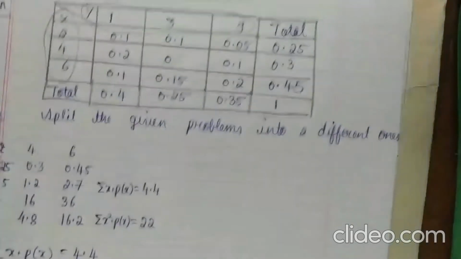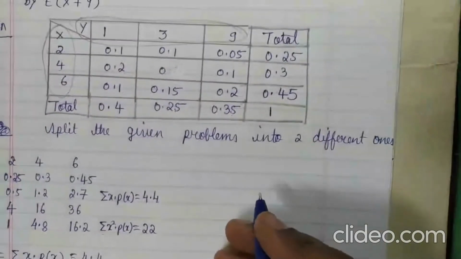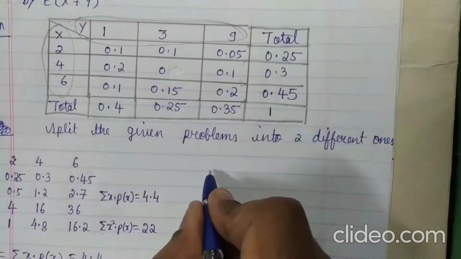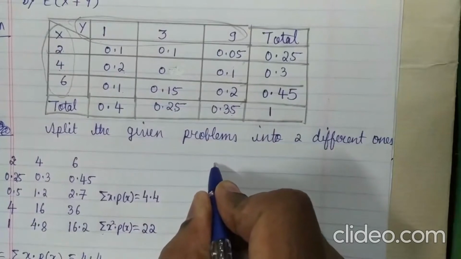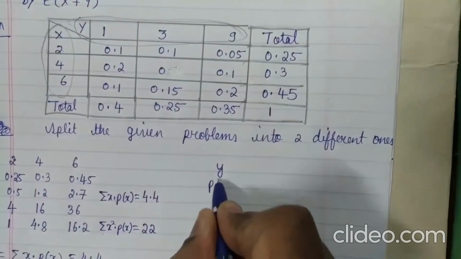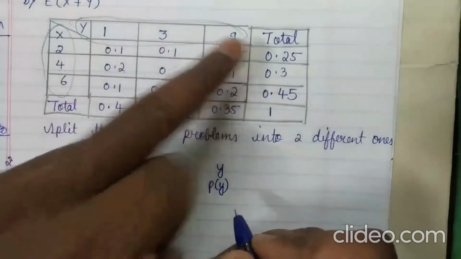Similar thing we have to do for the other part, that is y. Now we'll just copy out the y values, y and p of y. So y values here are 1, 3 and 9.